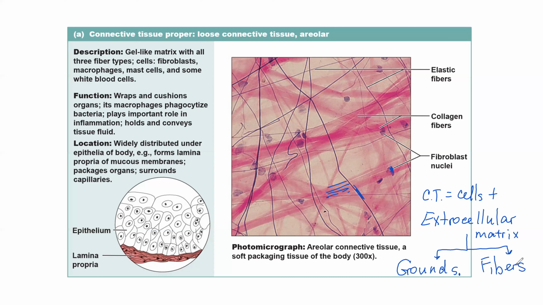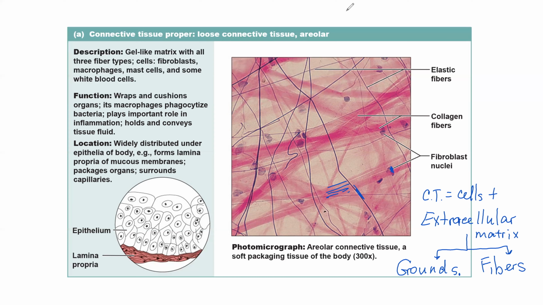And fibers are our proteins. Now, ground substance is also organic molecules plus water, molecules like glycoproteins and proteoglycans. And we have three types of fibers in the connective tissue: elastic, collagen, and reticular. Now, ground substance and fibers make the extracellular matrix.